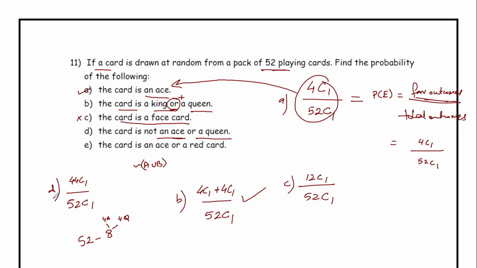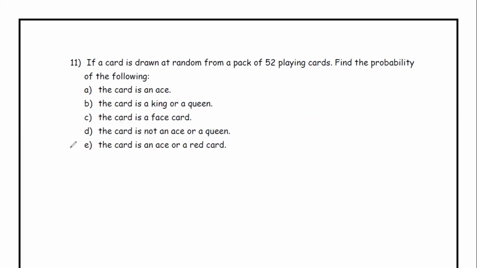The card is an ace or a red card. Okay, this is interesting. I'm going to delete everything else and just focus on E now. So ace, there are 4 aces. Okay, remember that. Or, meaning plus, a red card. A red card meaning there are 26 red cards. 26 reds and four aces.